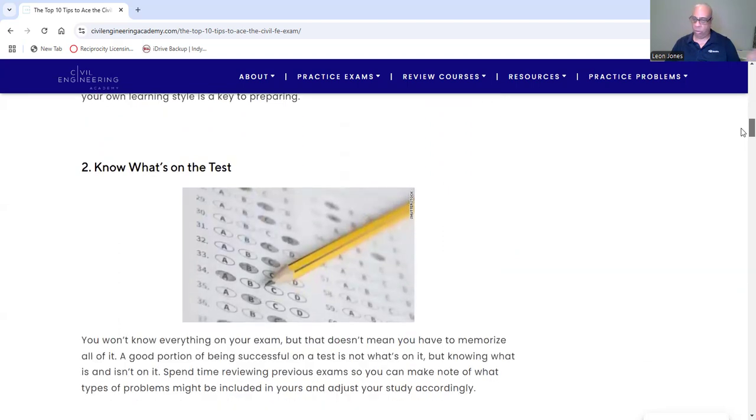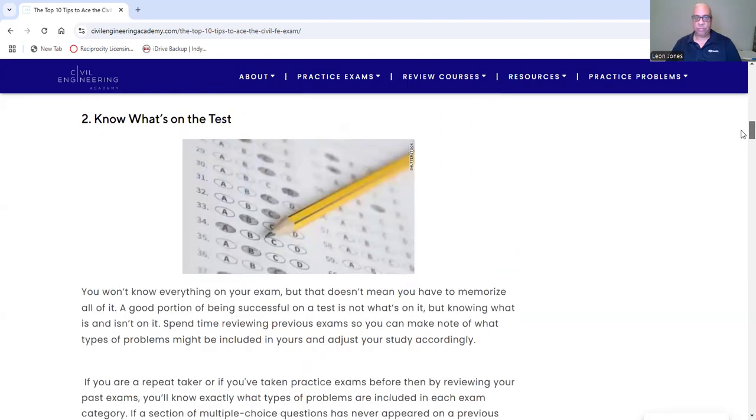Number 2, know what's on the test. Now, you don't have to memorize all of it, but you need to know what's on it. If you can memorize some of the formulas, like, what is the equation of a line? y equals mx plus b, ax plus by equals c.